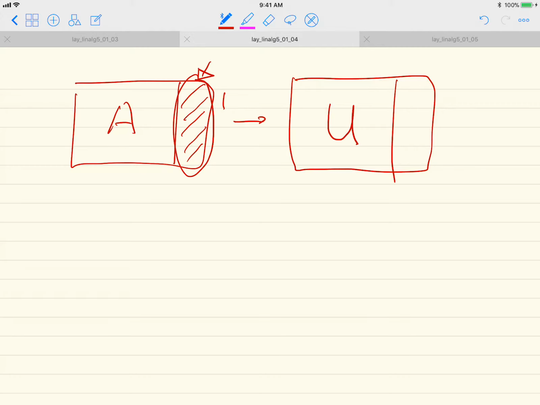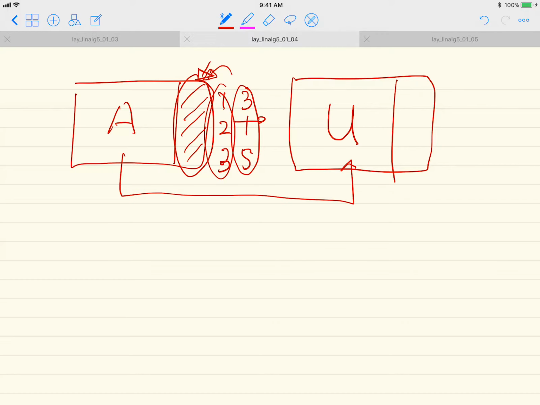So if this was maybe 1, 2, 3, and if this was maybe 3, 1, maybe 5, okay, regardless of any given vector B in this last column, the resulting echelon form of this matrix A will remain the same, okay.